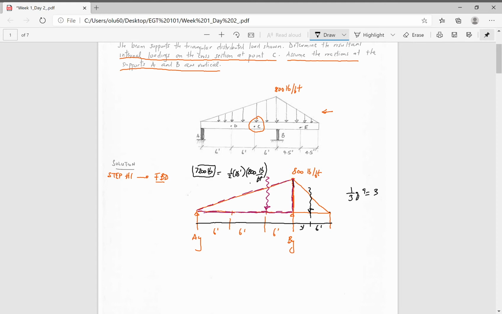1/3 from the base. This is the base right here. This is the apex right here. So we're looking at this triangle right here. 1/3 from the base, 2/3 from the apex equals 6. 2/3 times 9 is 6.